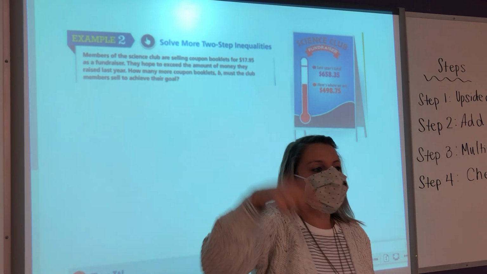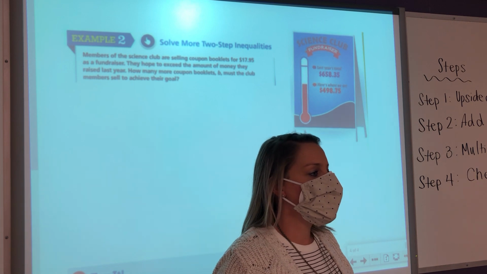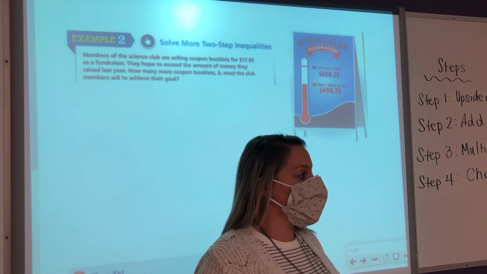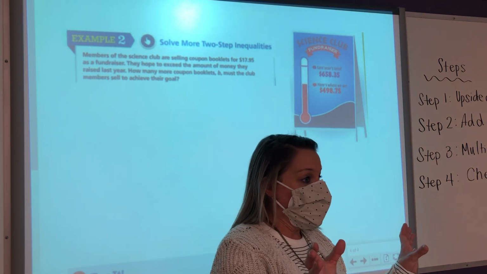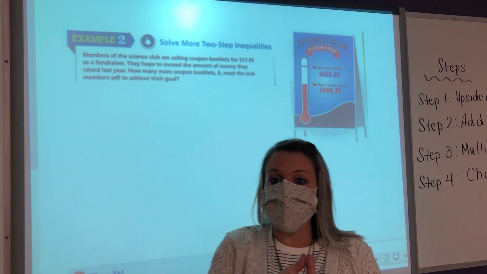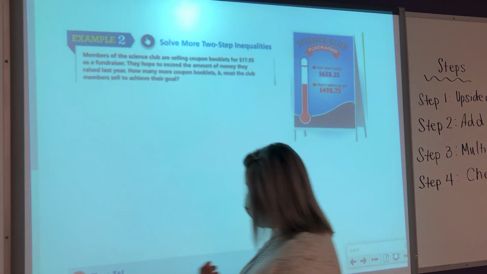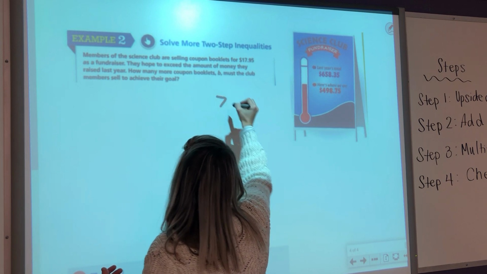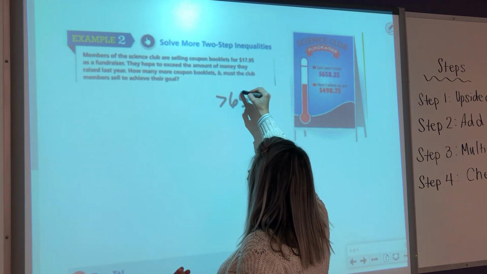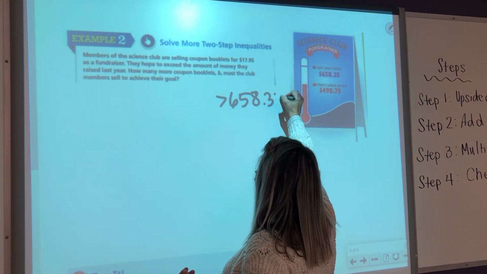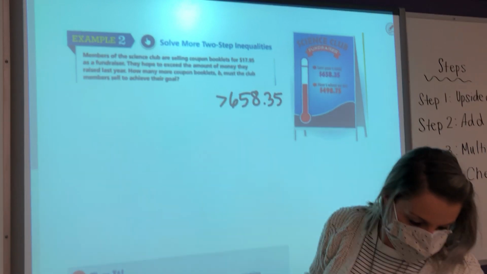So if we want to exceed the amount, it's just a greater than, right? It's not even an equal to in this situation because we want to go over that. So we want to be greater than $658.35.